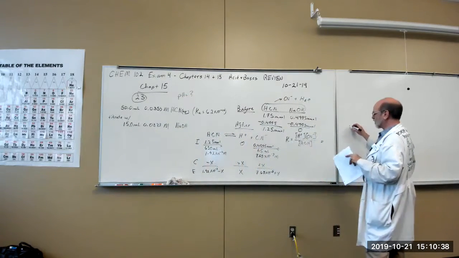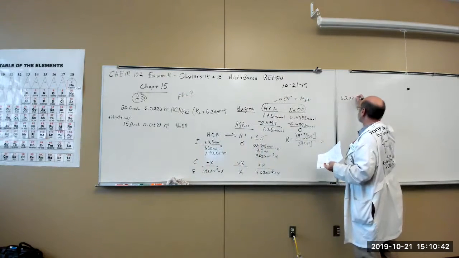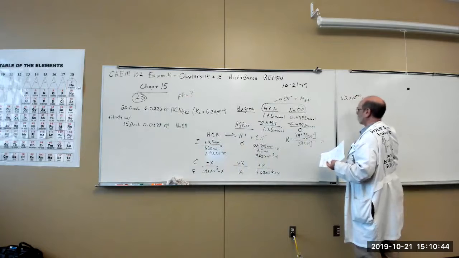So what's our expression going to be now? K is 6.2 times 10 to the minus 10.